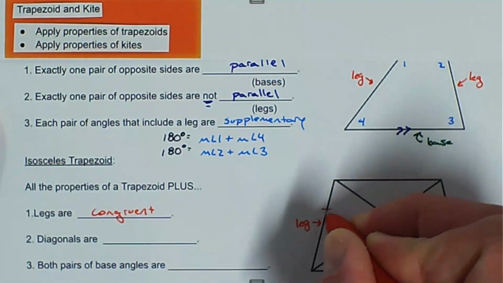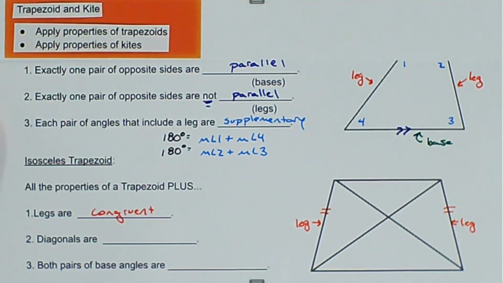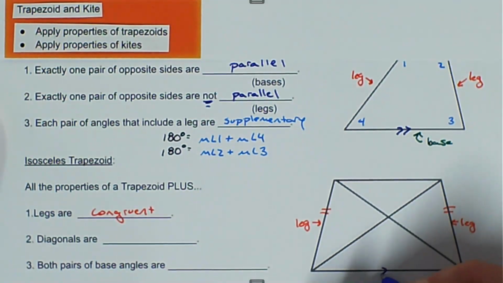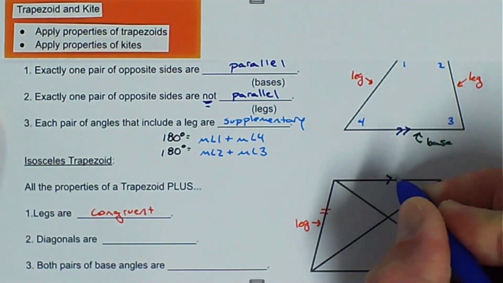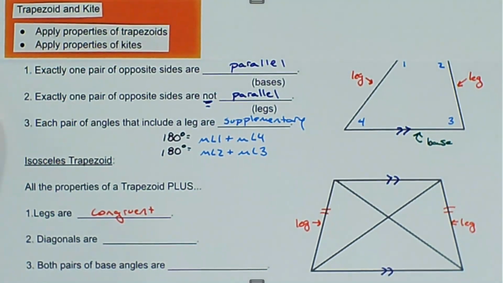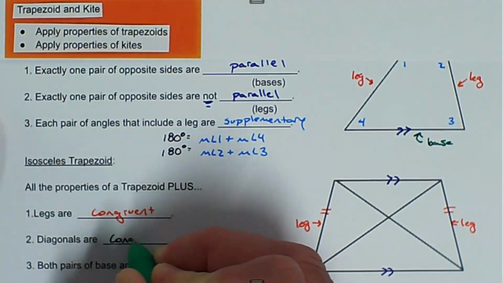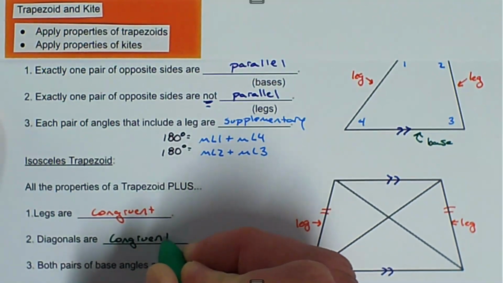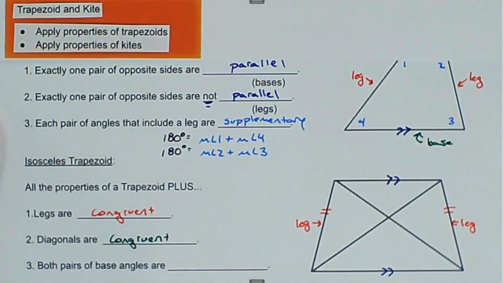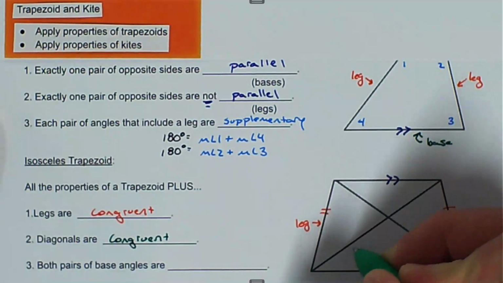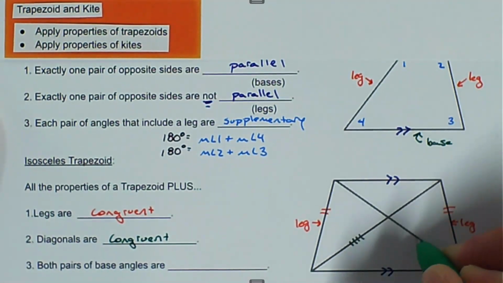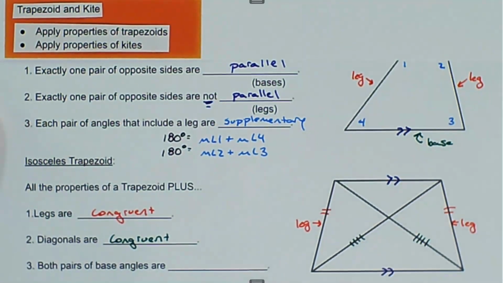So these two sides are congruent, and we still have that our bases are parallel. Then we have diagonals are congruent, and this is only in an isosceles trapezoid. I'm going to put 4 marks here and 4 marks there to show that those diagonals are congruent.